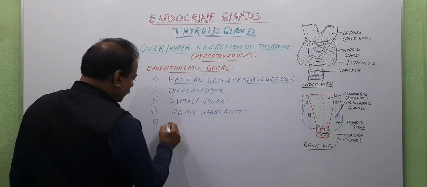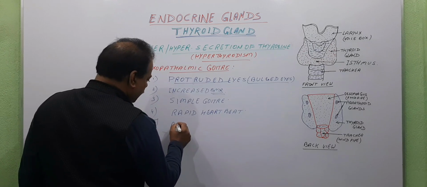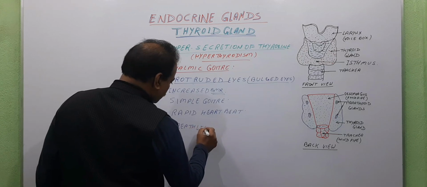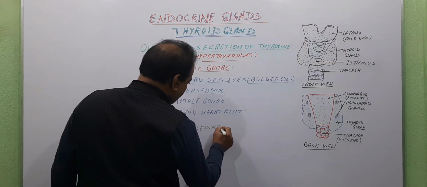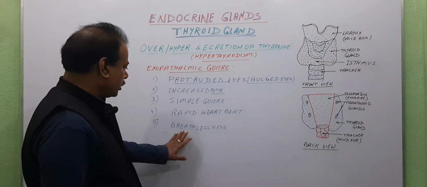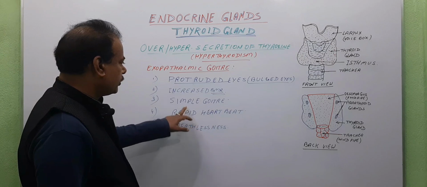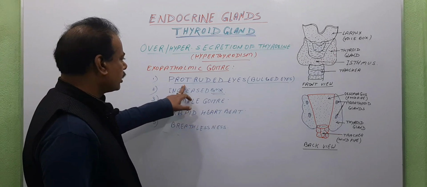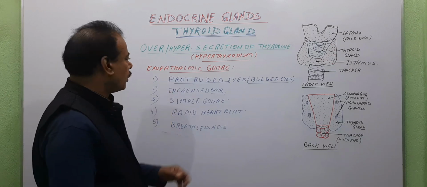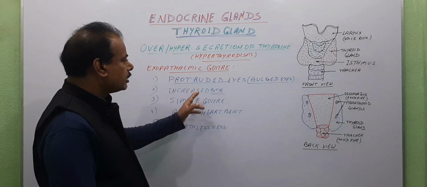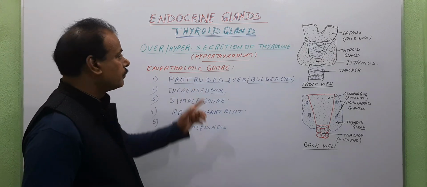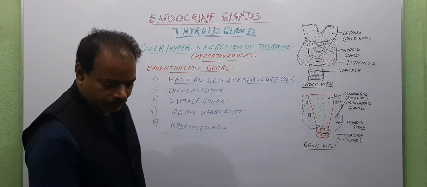And number 5, breathlessness, or shortening of the breathing rate. So breathlessness, rapid heartbeat, simple goiter, increased BMR and protruded or bulged eyes. These are the common symptoms of exophthalmic goiter, and it is caused due to hyperthyroidism or hypersecretion of thyroxine hormone.